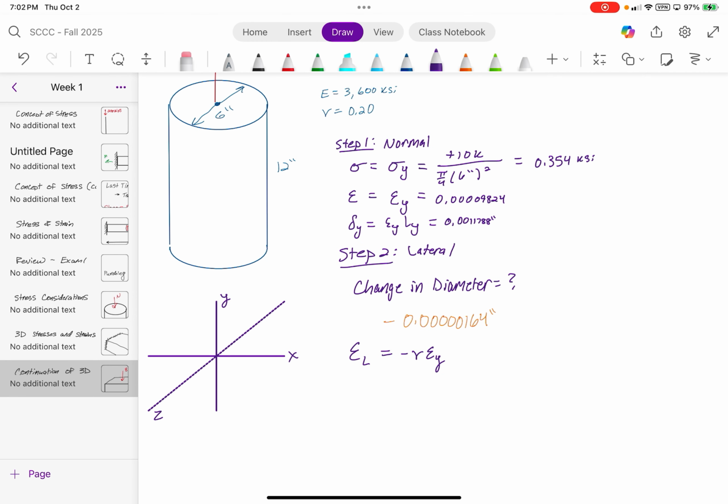I don't need to write epsilon x and epsilon z because the lateral strain is going to be the same for both x and z, so you don't need to distinguish between the two. And then epsilon y was that. And what did we get? We got negative 0.00000, one, two, three.